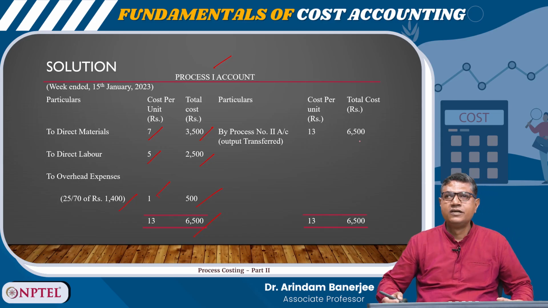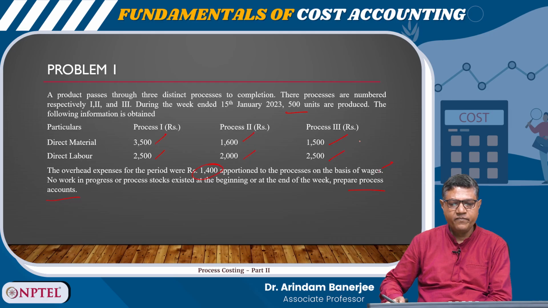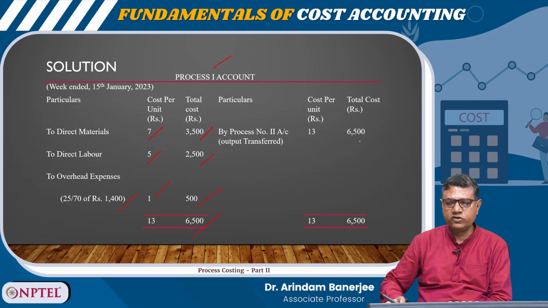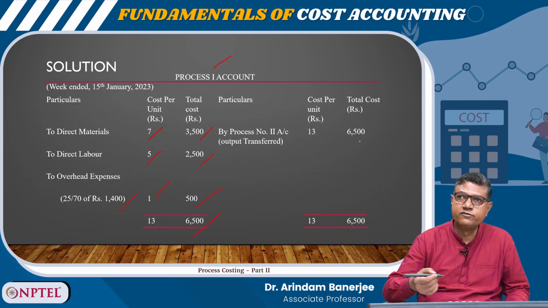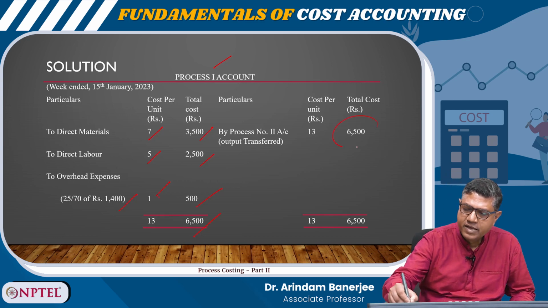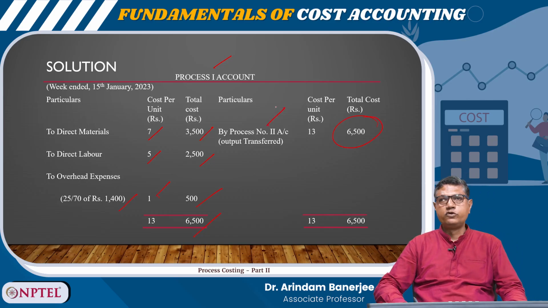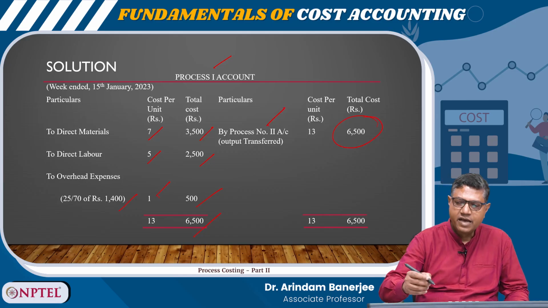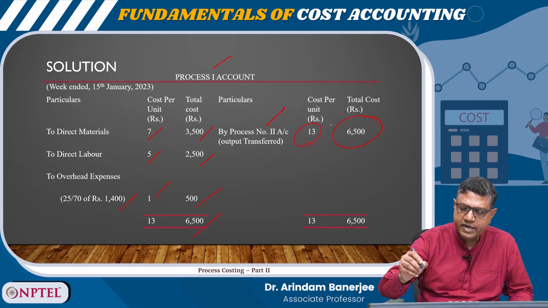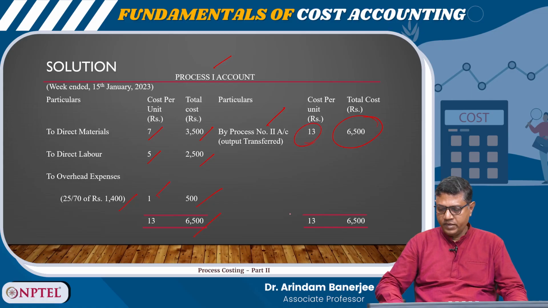There is no question of normal loss or abnormal loss, and there is no process stock or work in progress. So, I am transferring the entire 6500 to the next process, that is process 2, and my per unit cost comes to 13.